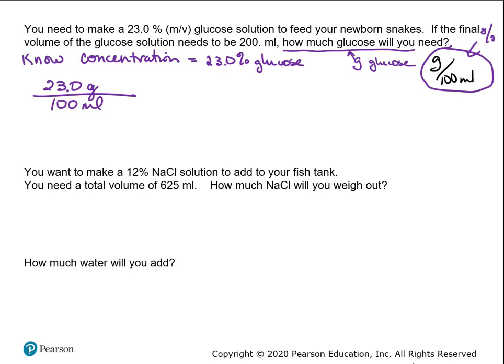In the problem, what is my volume? Concentration times volume, 200 milliliters. I'm going to take 23.0 times 200 divided by 100. Multiply everything across the top.